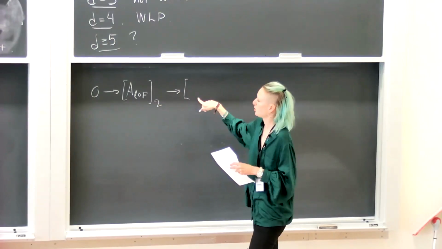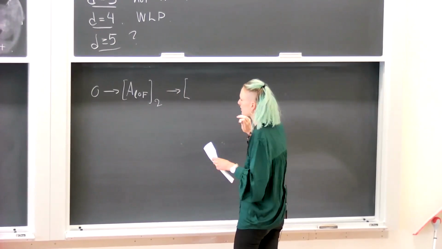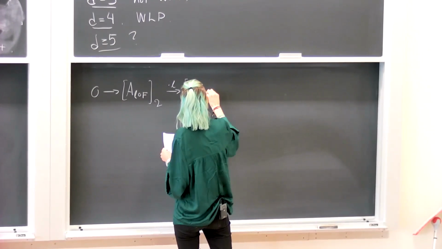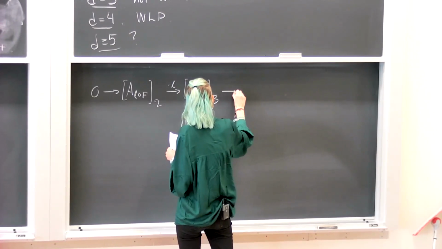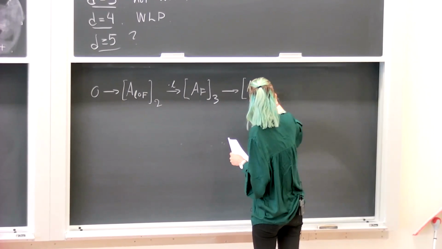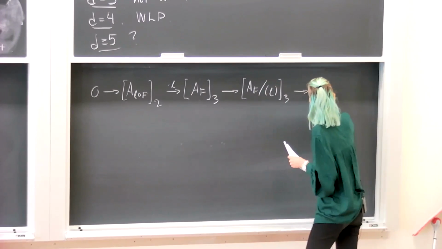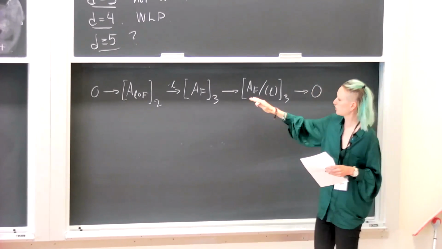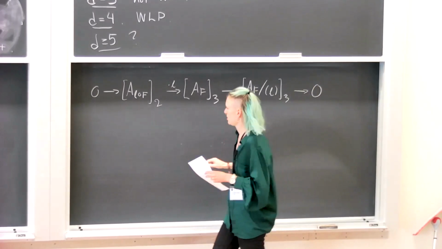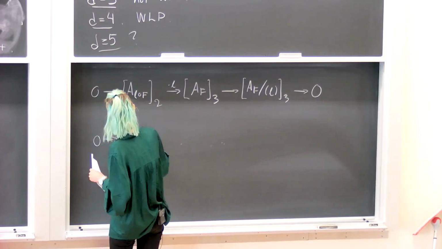Okay, and that's what we do here. So now we look at one instance of this sequence. Okay, and I'm also going to look at the next instance of the sequence, and then build a commutative diagram from this.